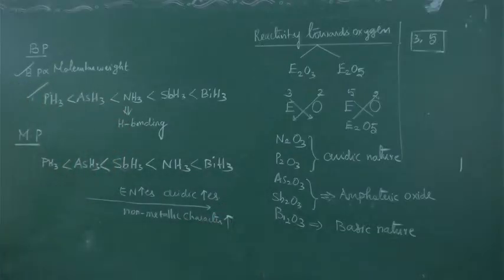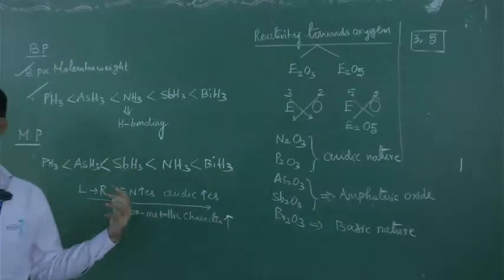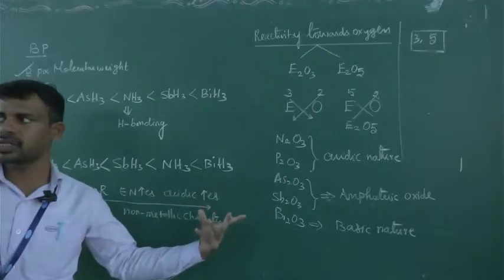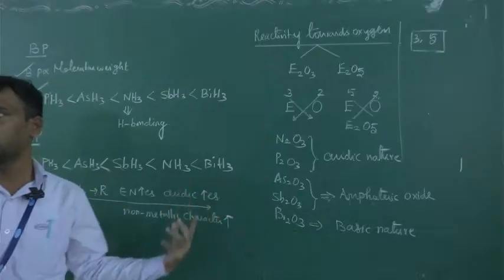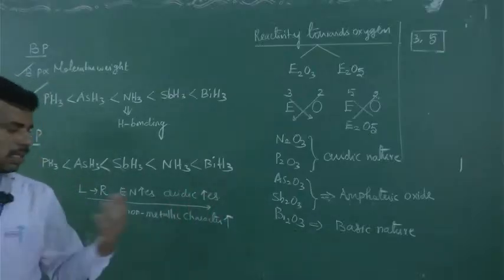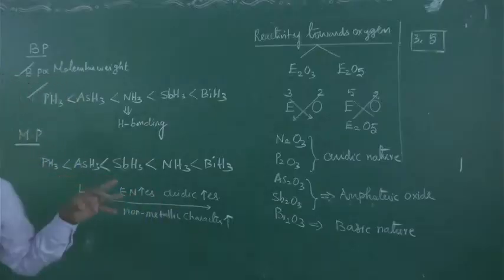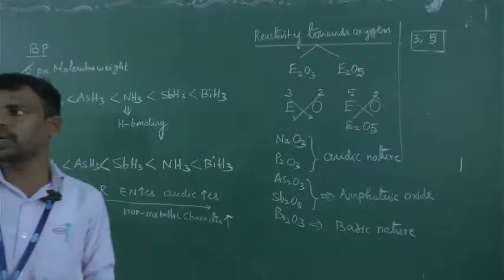Please note this. If you move from left to right, electronegativity increases. We have discussed this in periodic properties. Left to right, electronegativity increases, and as it increases, acidic character increases. Non-metallic character increases, so acidic character increases. So electronegativity is directly proportional to acidic character as well as non-metallic character.